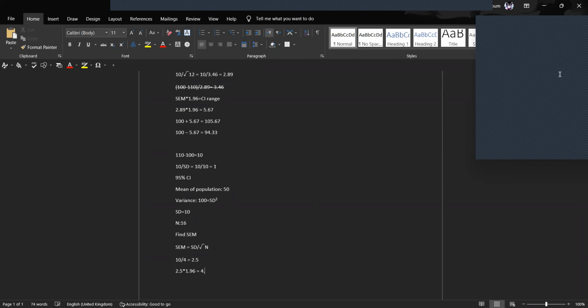And so that would give you 4.9. And so this would be the number that you'd use for your confidence interval for this case. So 50 plus 4.9 and 50 minus 4.9.